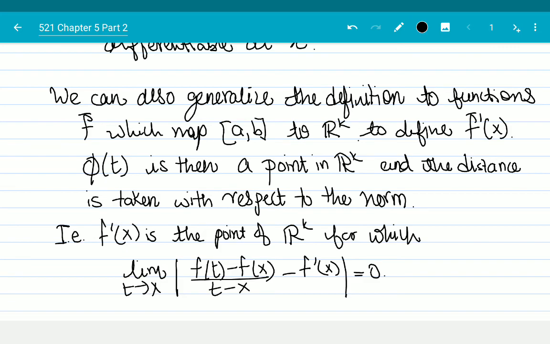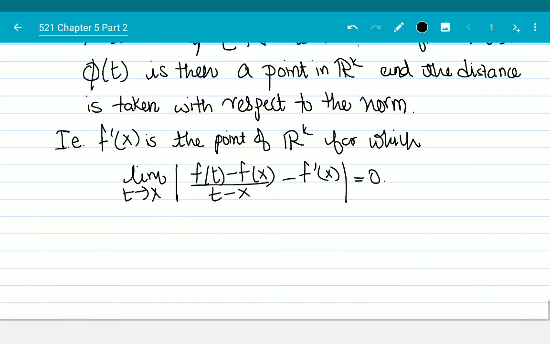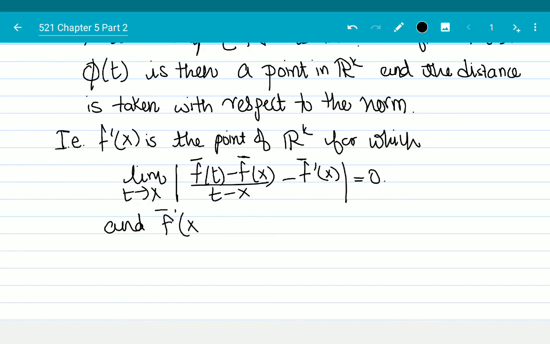Okay? And f prime of x is a function with values in R^k. Okay?